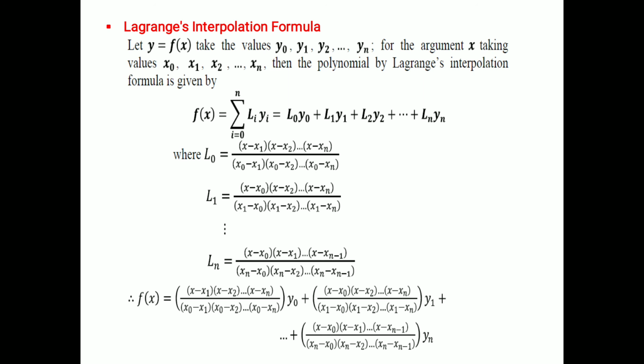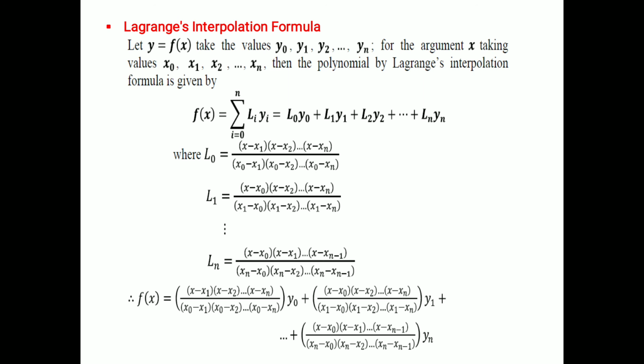for unequal interval. So in this session we discussed the formulas of interpolation for equal interval and unequal interval. There are mainly two formulas for equal interval, that is Newton's forward and Newton's backward formulas, and for unequal interval we discussed Lagrange's interpolation formula.